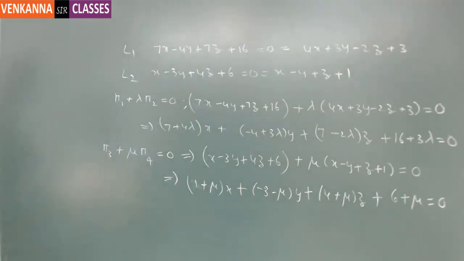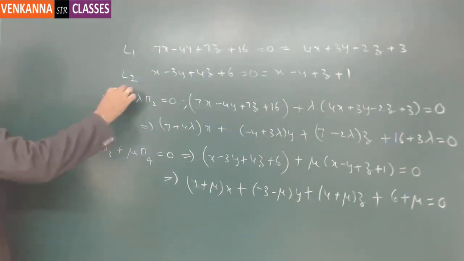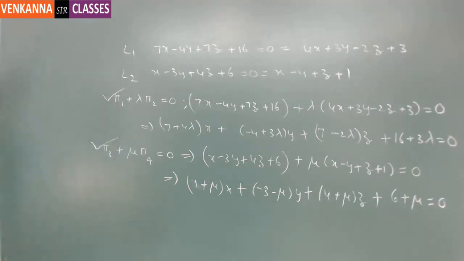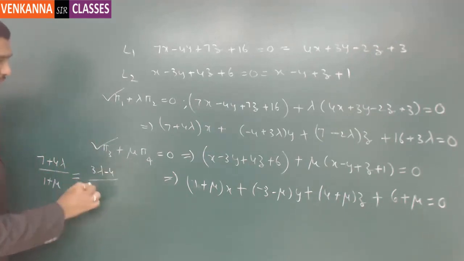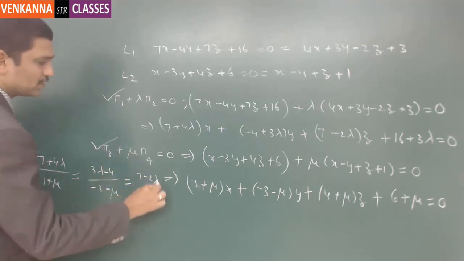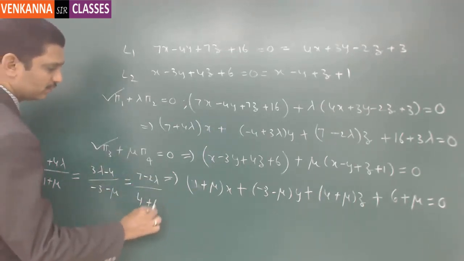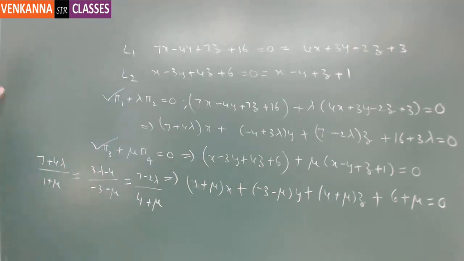So what I am saying, the planes are the same, so the coefficients are proportional. So we consider (7 + 4λ)/(1 + μ) = (3λ − 4)/(−3 − μ) = (7 − 2λ)/(4 + μ). So these 3 values are equal, I mean proportional.